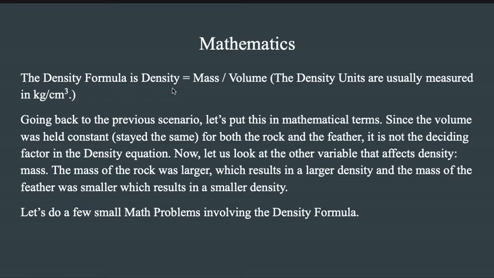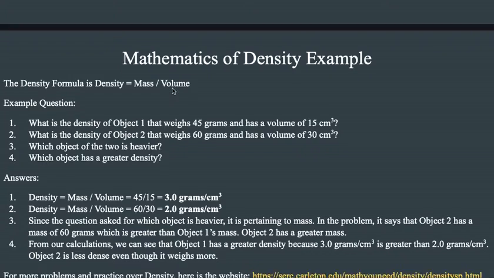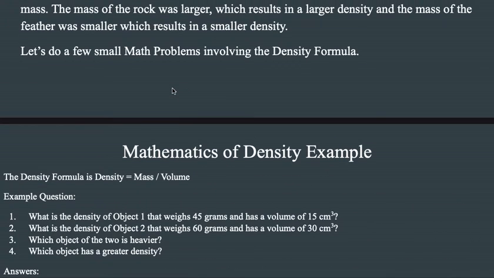Let's do a few small math problems involving the density formula so we can understand how density is involved in our activity later on. So let's go to number 1 first. What is the density of object 1 that weighs 45 grams and has a volume of 15 cm^3?